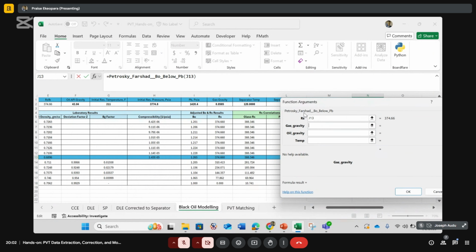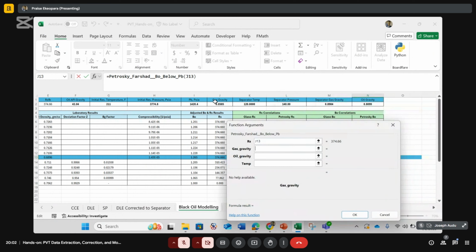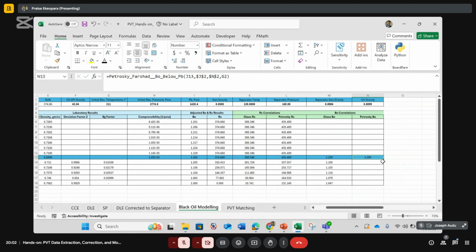Then the gas gravity, which I will lock up. Then oil gravity, I still lock it up. Then temperature, I just have it this way. Then I will drag it down.